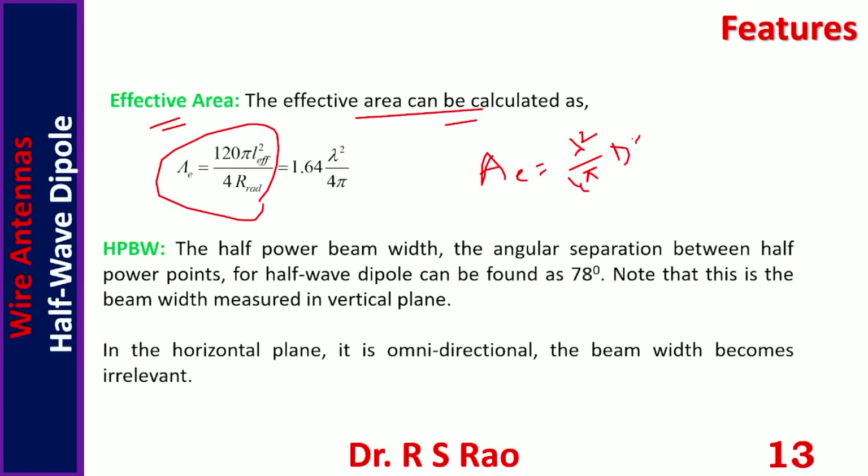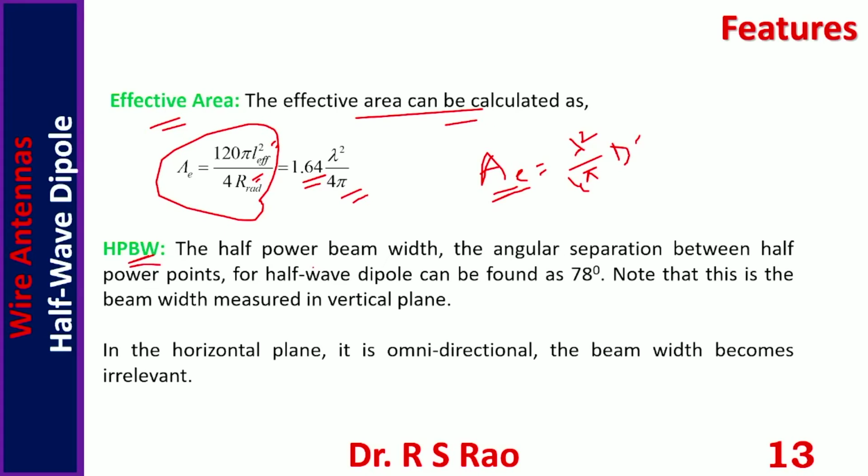Simple substitution gives AE as lambda square over 4 pi into 1.64. Another way is also there. If we want to do it from fundamentals, it is 120 pi effective length square by 4 radiation resistance. Radiation resistance is available, effective length is available. Substitution gives, of course, the same value, 1.64 into lambda square over 4 pi.